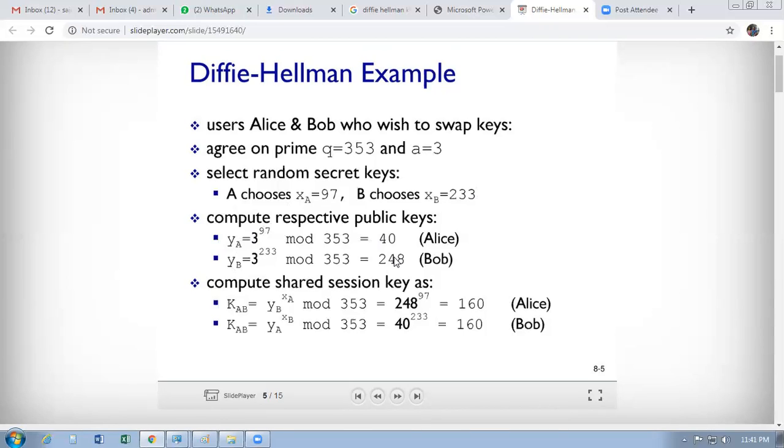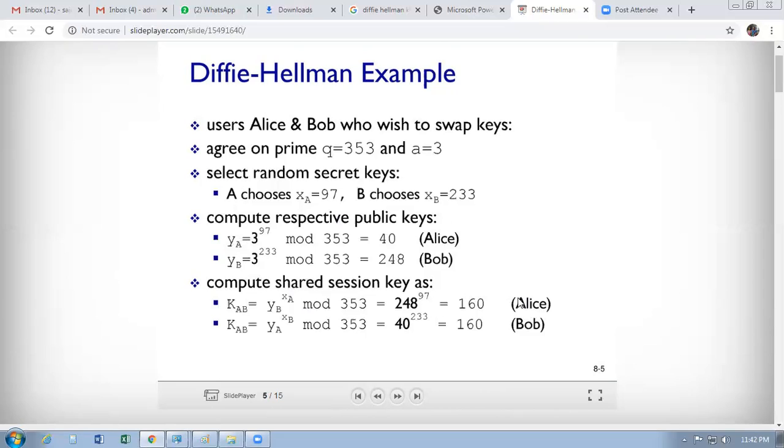Once we have calculated the public keys, they exchange their public keys with one another. That is, YA is given to Bob and YB is given to Alice. So that's about the second step. The third step is calculation of the session key.